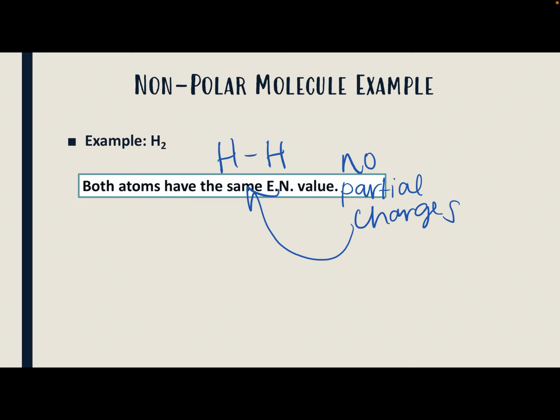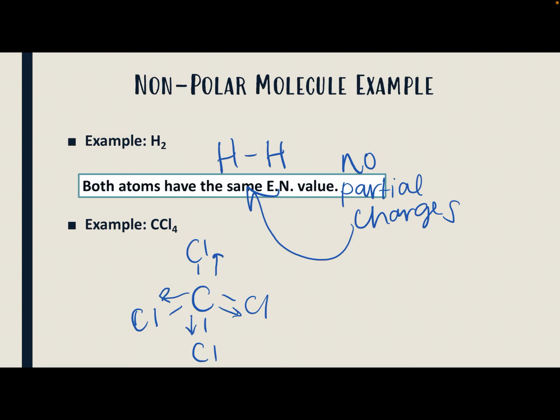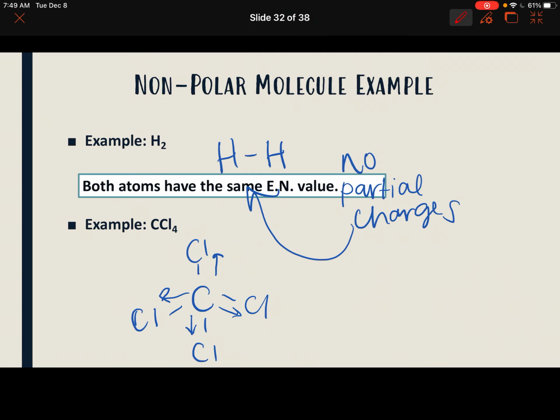Another example is carbon tetrachloride. It's carbon surrounded by 4 chlorines, okay? Now, even though carbon and chlorine are two different elements, this central carbon atom is surrounded by chlorines, which are all pulling the same way.